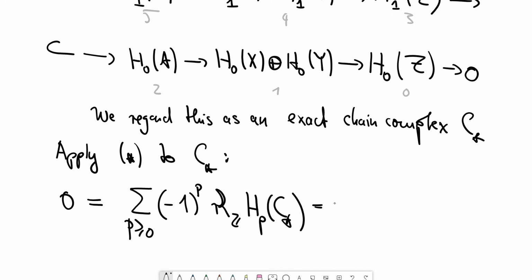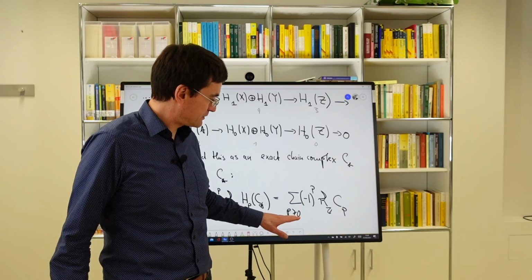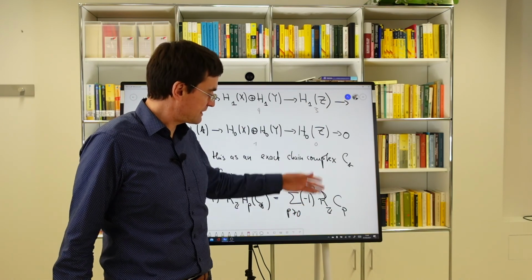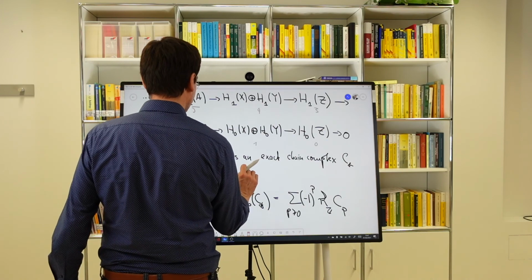And this is the alternating sum of the ranks of the groups C_p. So let us spell out, at least for p equals 0, or maybe for the first 3 or so degrees, what this means.